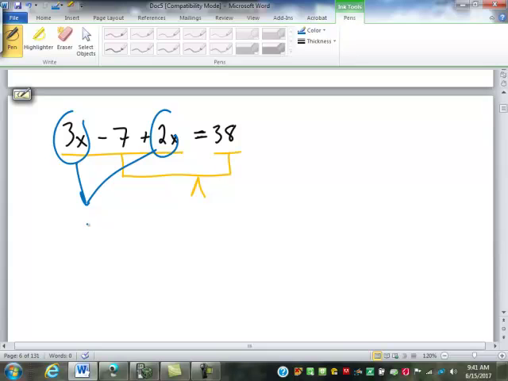Yes, it could. They're on the same side, right? They have the same name, 3x and 2x. So if I combine 3x and 2x, that makes 5x. So 5x minus 7 equals 38. It's the exact same equation. All I have done is I have simplified it.